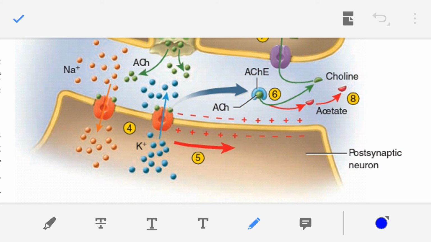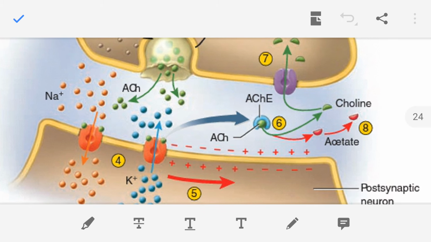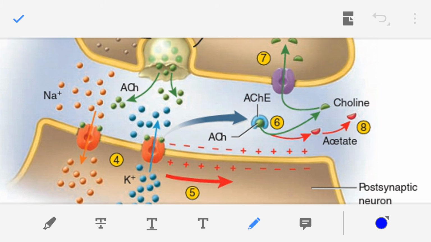Once the nerve impulse has propagated through the postsynaptic neuron, the role of ACH, the acetylcholine neurotransmitter, is over.